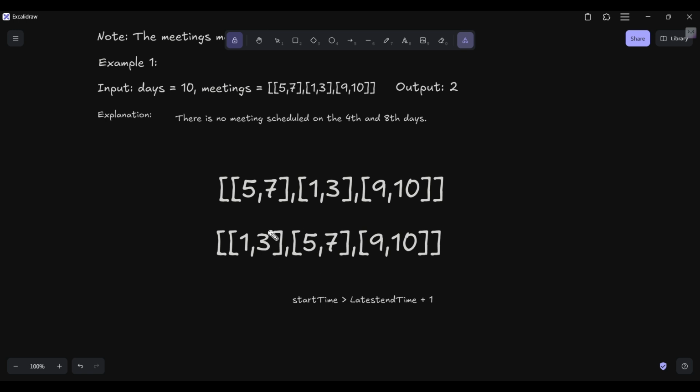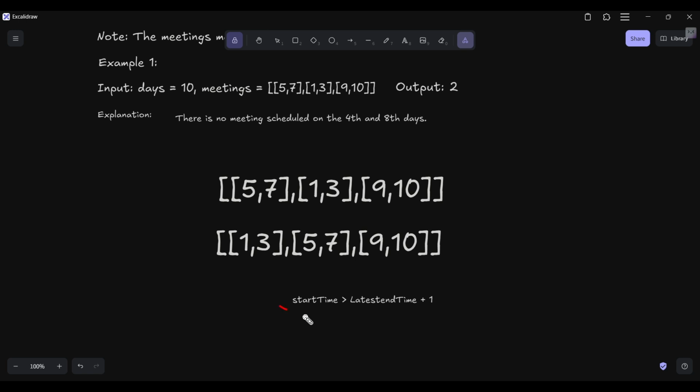If no numbers were skipped, it should be 4, and if the start time was 4, it would never be greater than 3 plus 1, which is 4. So this condition is not true if there was no gap. That's the main condition we are going to use, and we will get how many days are skipped if this condition is satisfied.